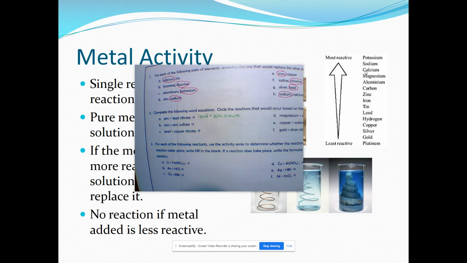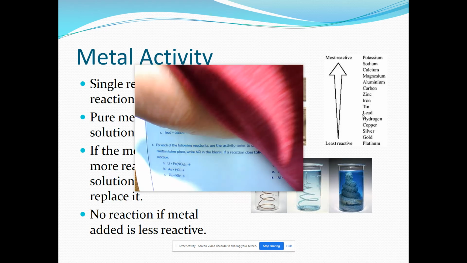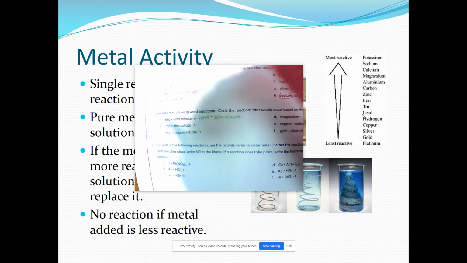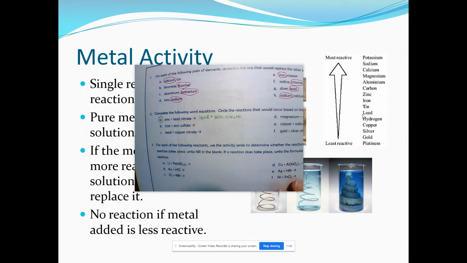And now we need to determine, would this actually occur? Would we actually see this reaction? Well, if we look at our table, we see that zinc is here above lead. So we're putting zinc into lead. So yes, because zinc is higher up, it will react. So we're going to circle this equation because yes, that one will react.